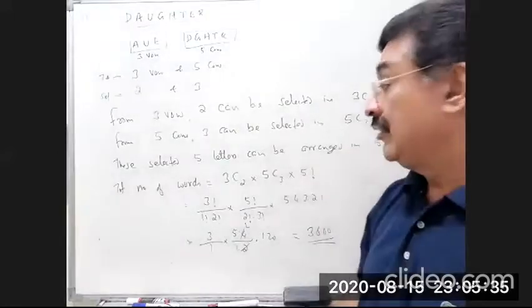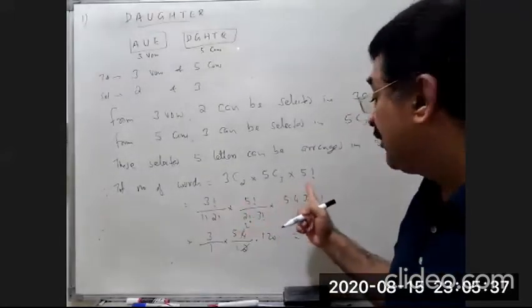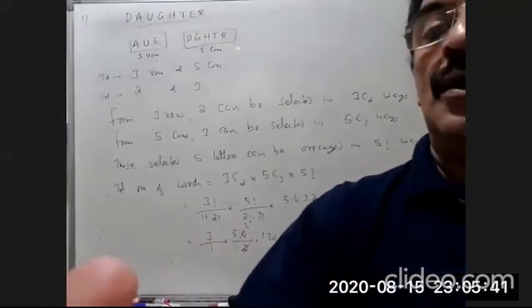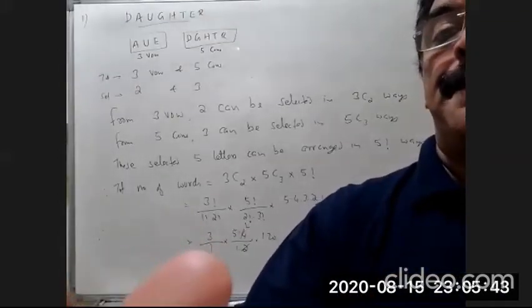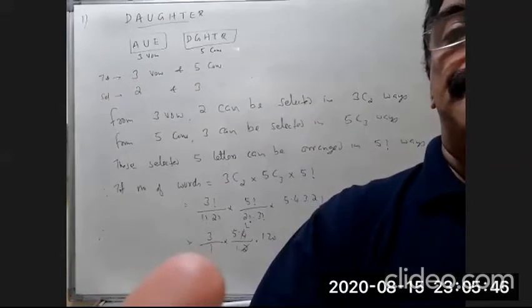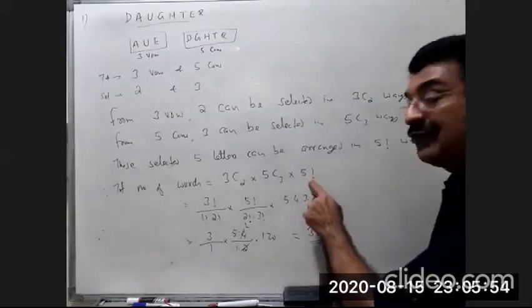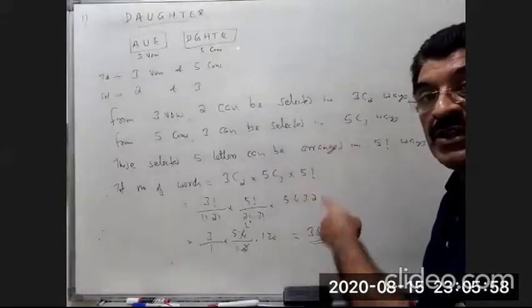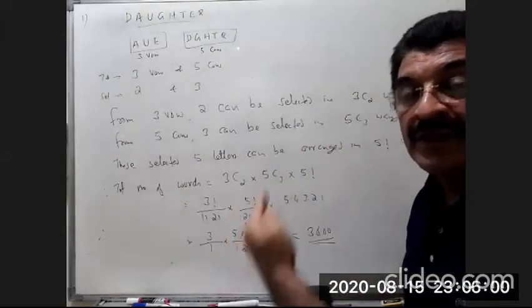Yes, you have marked correct. This 5 factorial means it is 5P5. Who wrote it? Shashank. 5 factorial. Actually, how come this 5 factorial? Because we are arranging. How many letters are arranged? 5 letters. From how many letters?